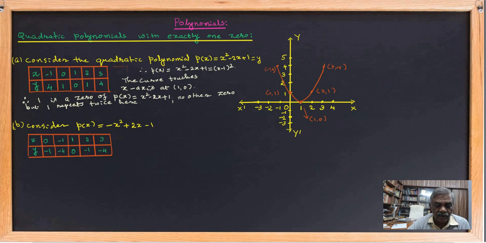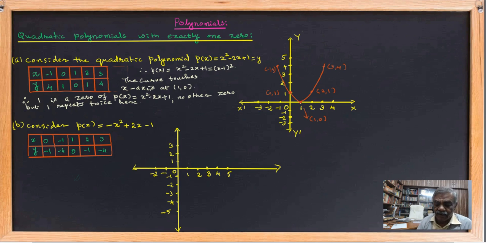With this, 0 and minus 1, minus 1 and minus 4, 1 and 0, and here also you can consider the coordinate axis to the right side. Accordingly, I would like to plot the point x equals 0, y equals minus 1.